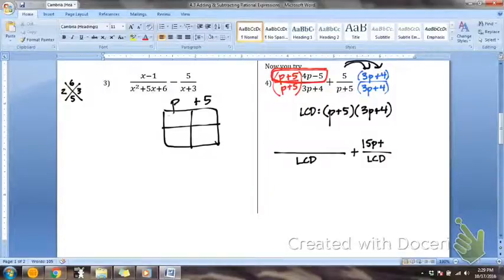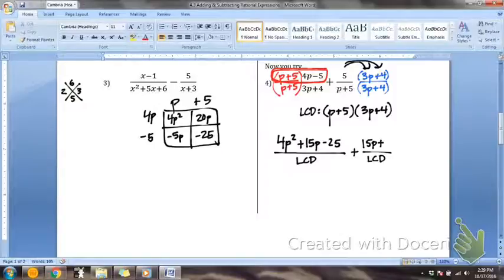I should have multiplied p plus 5 times 4p minus 5. And then 15p, right? Minus 25. Does that sound better? Yeah. Whew. That was rough. I just multiplied the wrong thing.